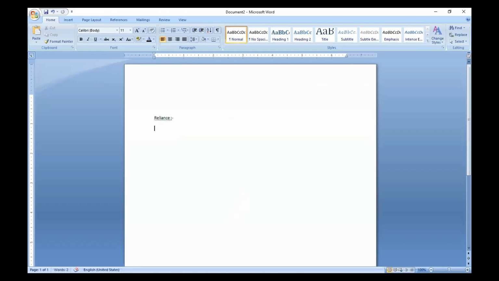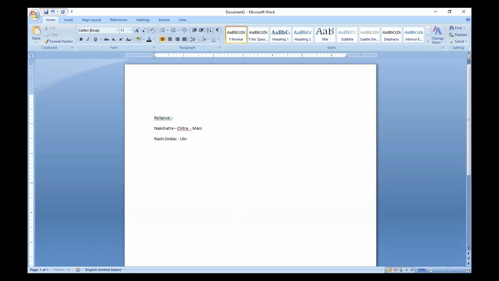Reliance. Now, Nakshatra: Chitra. Correct. Chitra Nakshatra ruler is Mars. Now Rashi, Libra, Tula Rashi, or we call it zodiac also.